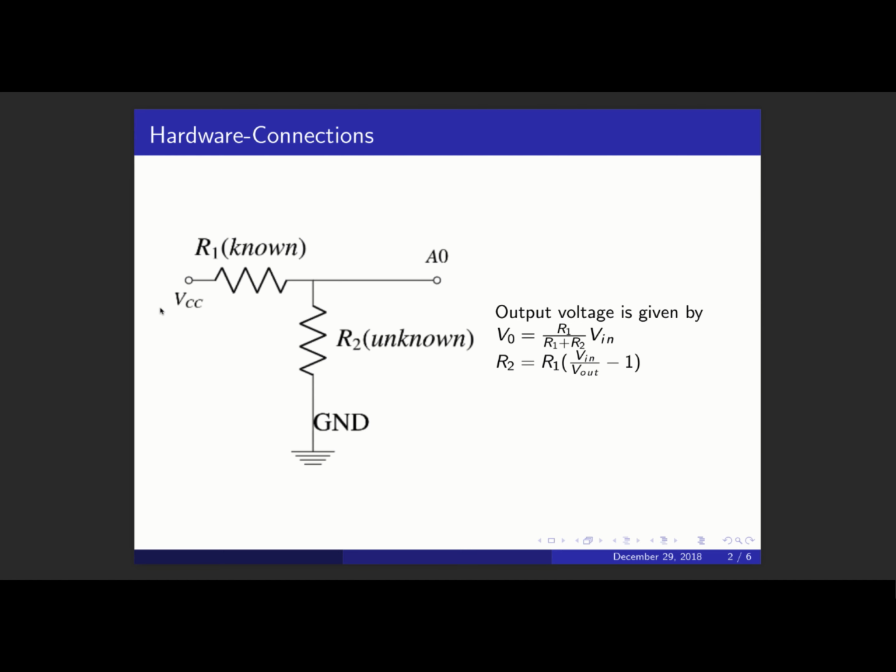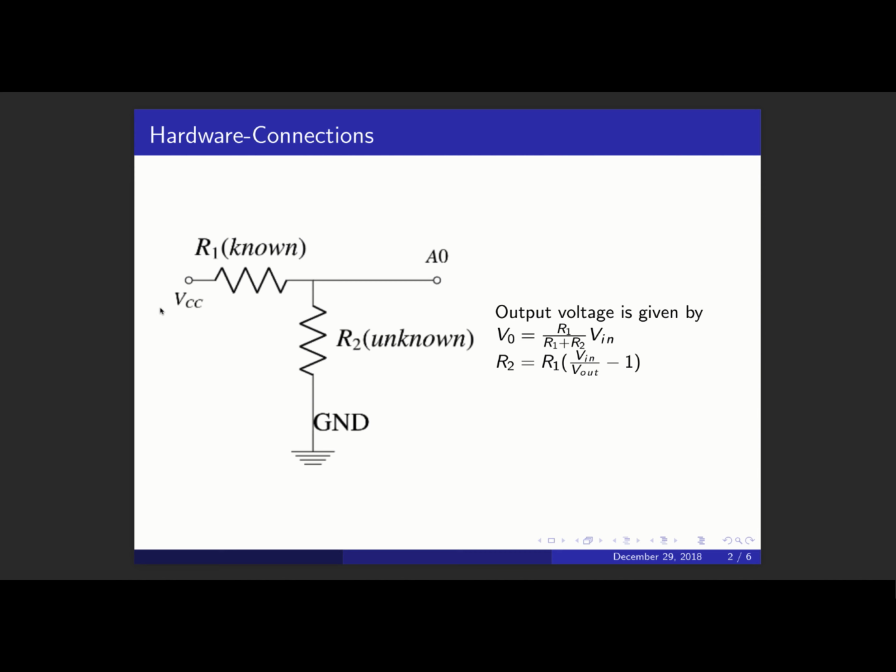For that, we need to connect two resistors, one being the known resistor and the other being the unknown resistor, whose resistance we need to calculate, in series as shown on the screen. We need to provide the VCC, that is the input voltage, to the known resistance and ground the second end of the unknown resistance.